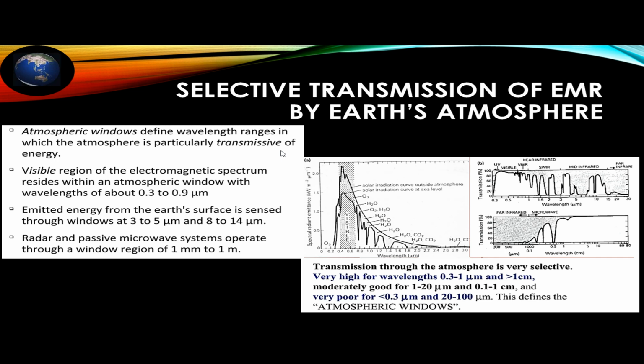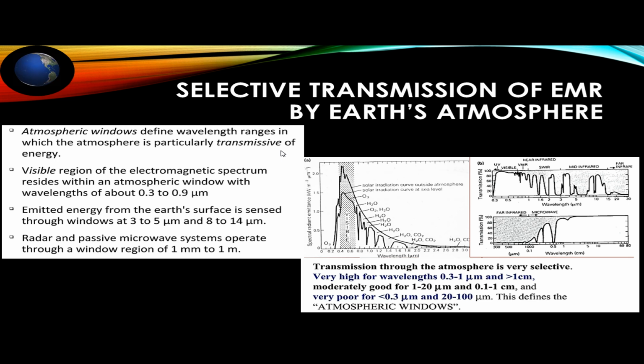So the selective transmission of electromagnetic radiation by the Earth's atmosphere generally follows the atmospheric window. The atmospheric window defines the wavelength range in which the atmosphere is particularly transmissive of energy.